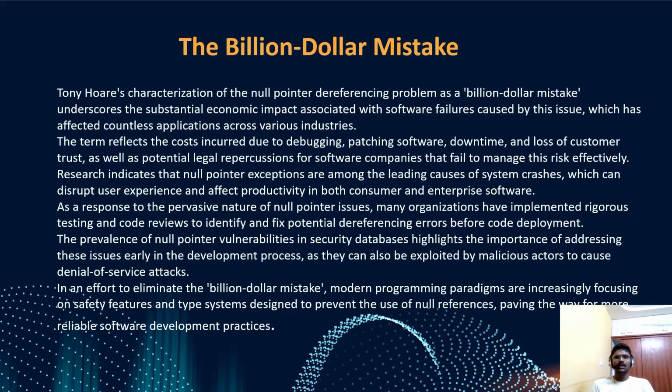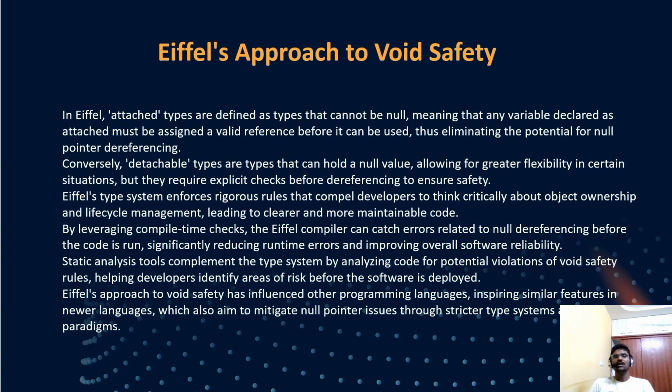In this case, the Pac-Man character will not exist in the game, and it will be a huge deal for a programmer to debug such kinds of errors. So what the Eiffel approach says is: why not avoid such kinds of null pointers so that it ensures void safety?